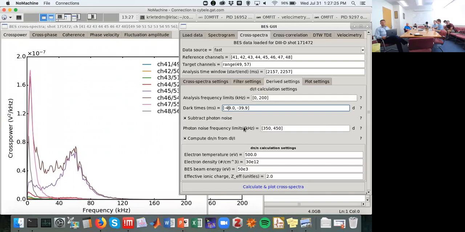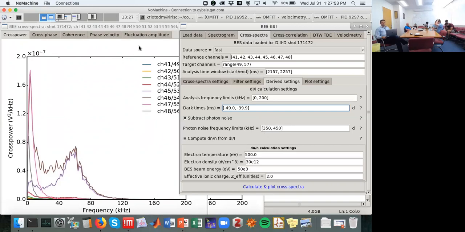And then the photon noise subtraction: you type in a frequency range where the turbulent spectrum is entirely dominated by photon noise. I showed you earlier that above 200 kilohertz, the whole spectrum is photon noise. The default is 350 to 450, which is usually pretty good. We'll estimate the portion of the spectrum that is photon noise and subtract that off of the actual turbulent fluctuations.